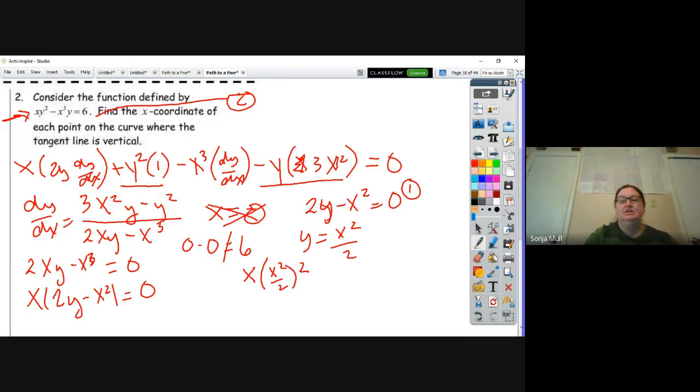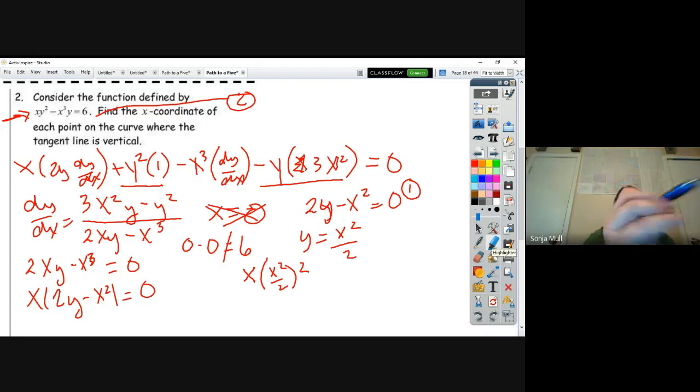I'm going to plug that into my original equation in my prompt. So I'm going to have x times y squared, which is x squared over 2 squared, minus x cubed times y, which again is x squared over 2, and that equals 6.